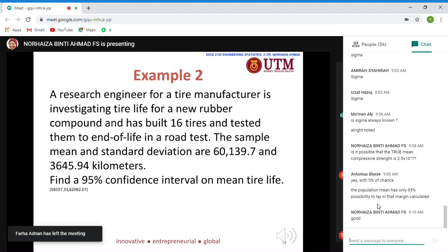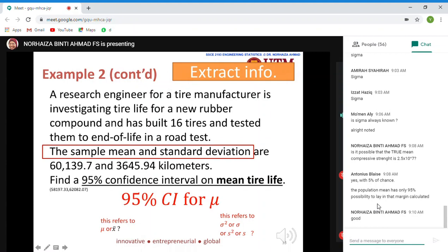The sample mean and standard deviation are given as follows. Find the 95% confidence interval on the mean tire life. So again, when you're talking about a 95% confidence interval, you're talking about the population mean, mu.